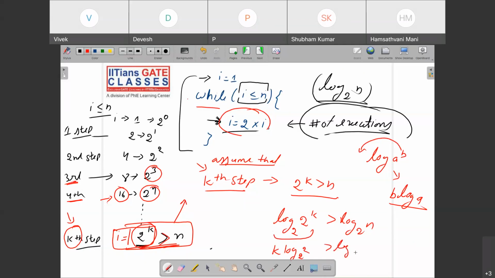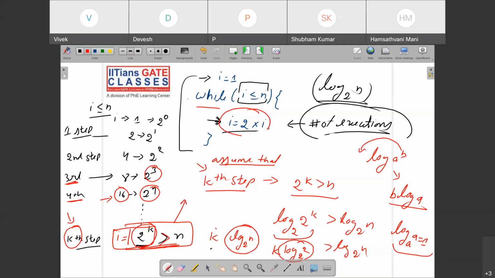Now log base 2 of 2 is 1. I already explained that log base a of a is actually 1. This is a mathematical property of logarithms. So the value of k is log base 2n.